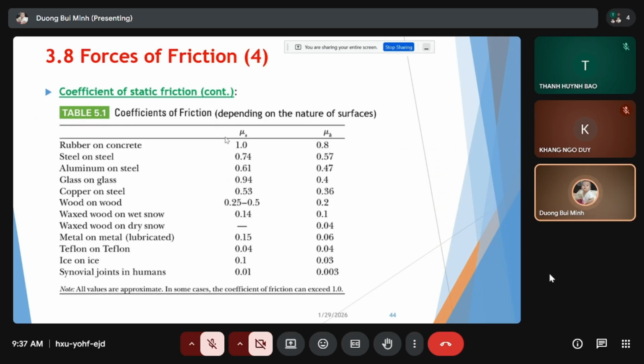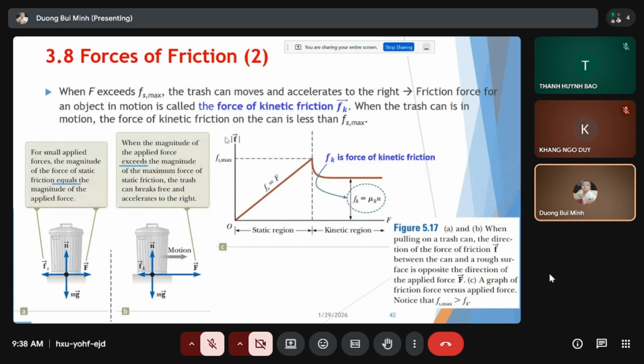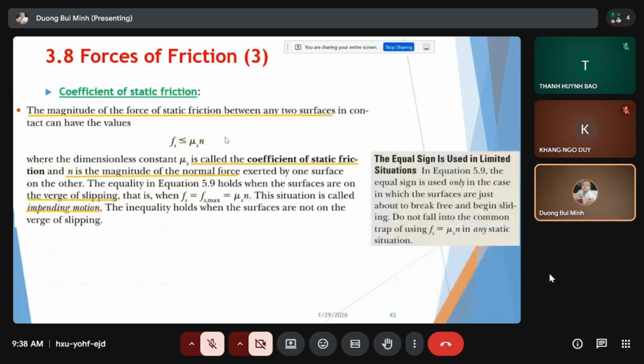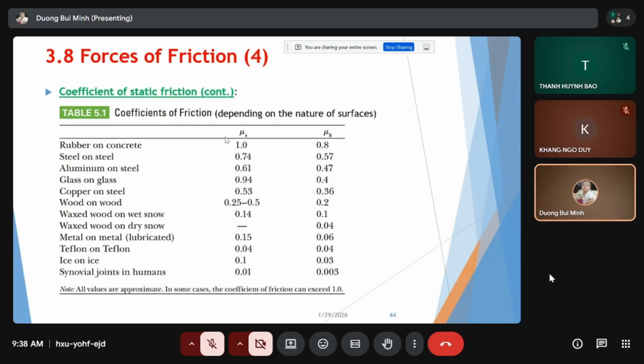Because if we calculate Fk, we get mu k times N. And if we observe this table, you have the observation that mu k is always less than mu s, because of this curve.